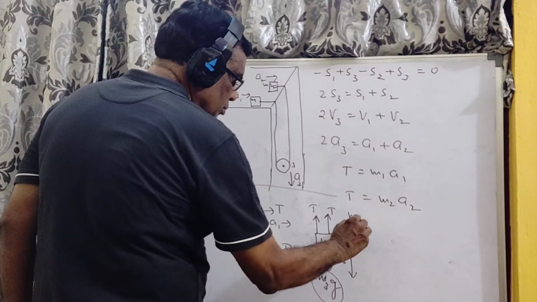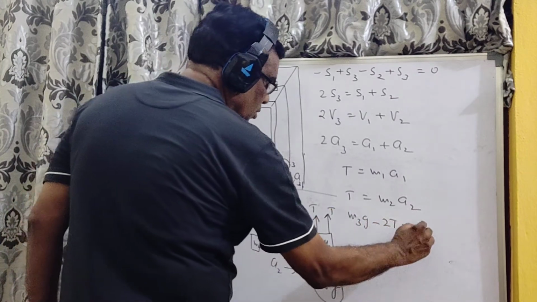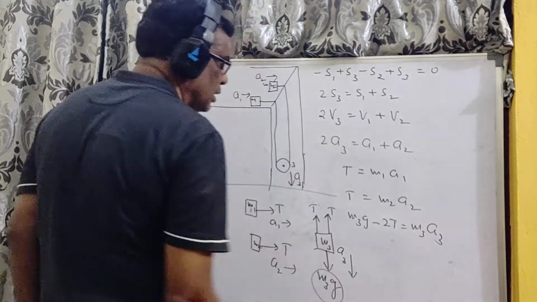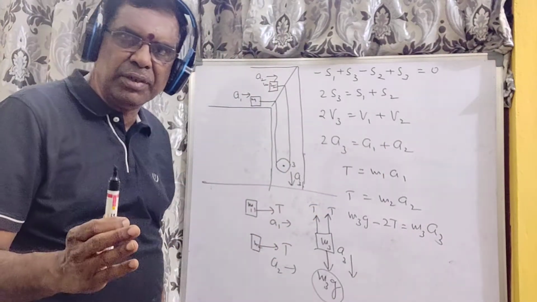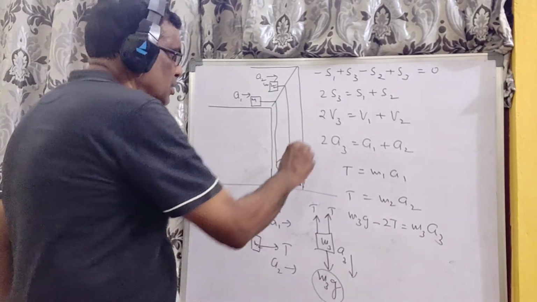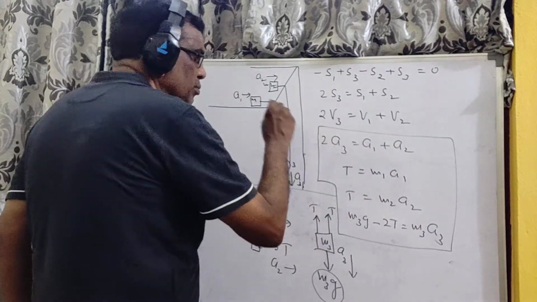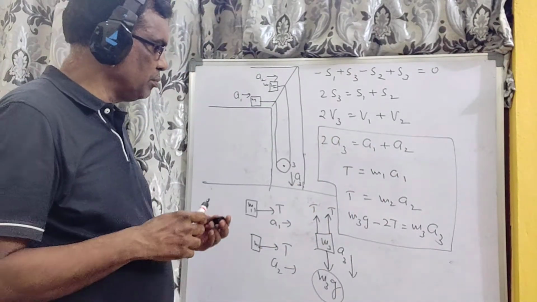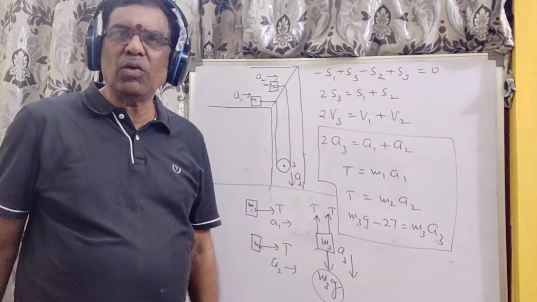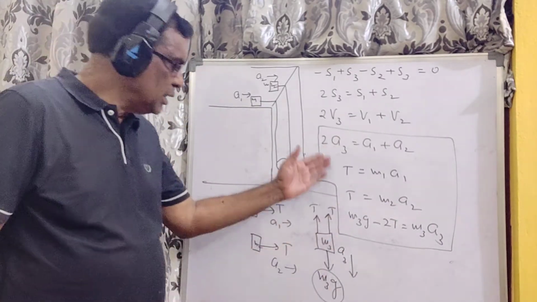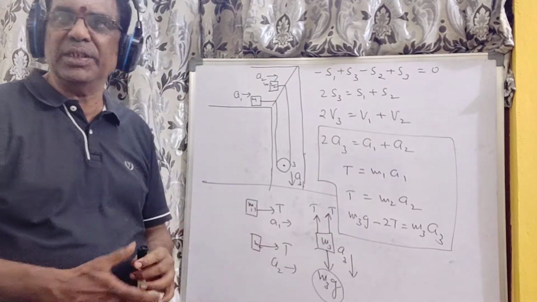This force minus this is equal to M3 A3. Now A1, A2, A3, T: 4 variables, 4 equations, you should be in a position to solve it. That part of solving, I'm leaving it to you. It's a simple exercise. I think you can easily do it. Okay?